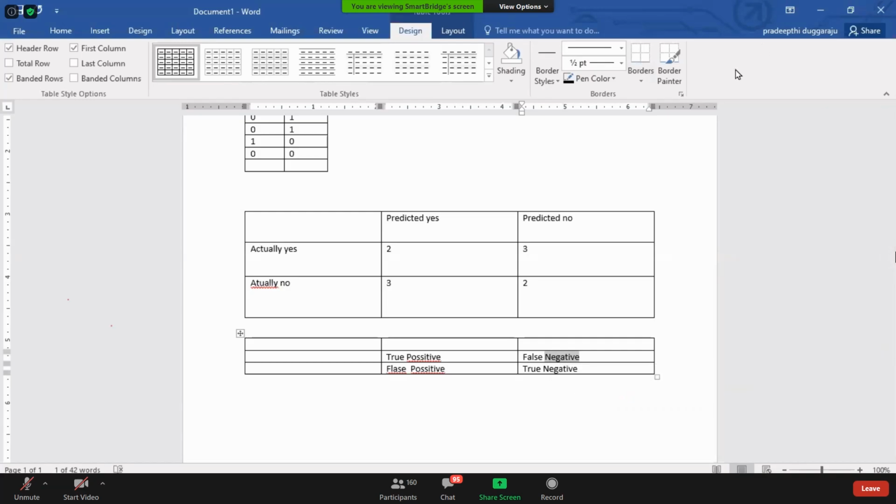So you have to consider, and this is also a bit different, guys. I have considered the row wise yeses and nos, right? Actually, you have considered column wise yes and no, right? Actually, you have to consider row wise yeses and nos. So actually, yes, that means these two become positive.